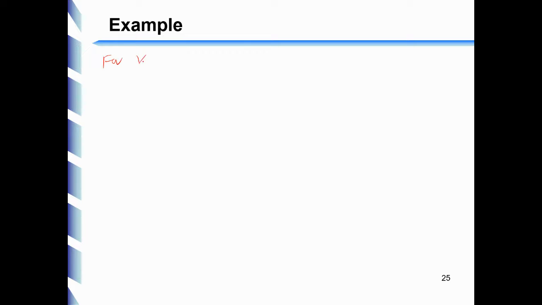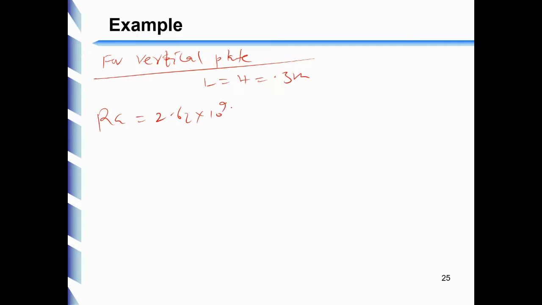So for the vertical plate, when you consider the two vertical side plates, your L will be 0.3 meter. So Ra will be 2.62 times 10 to the power 9 times L cubed, with L equal to 0.3.